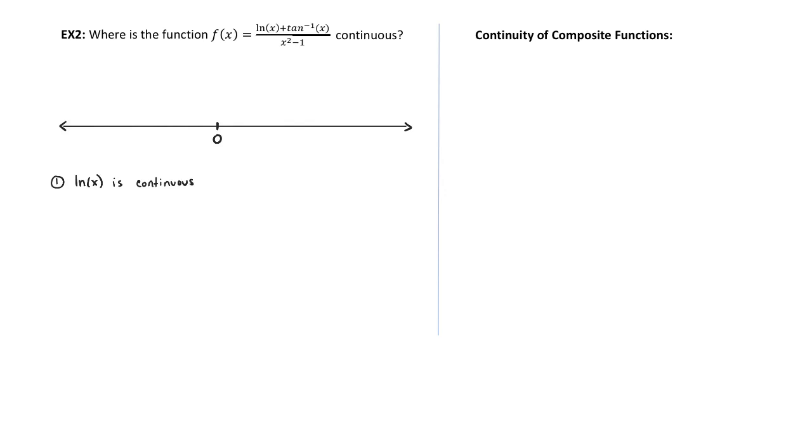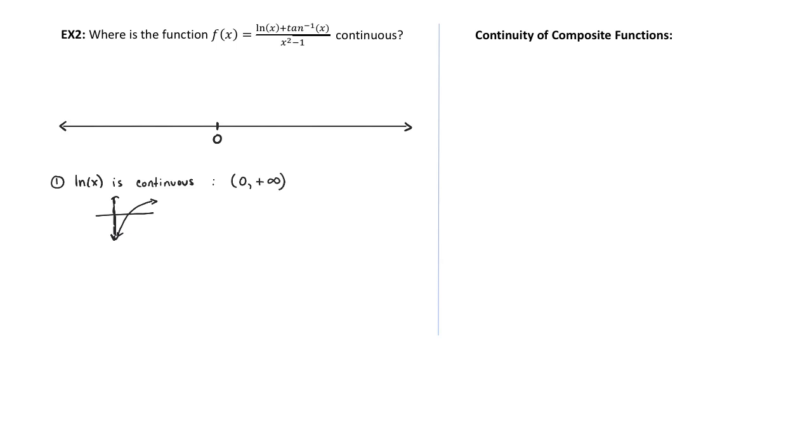I already drew it on the last discussion. If you remember, ln x, being a logarithmic function, behaves like this. The y-axis is a vertical asymptote and it is increasing from left to right. So ln x is continuous everywhere from 0 towards positive infinity.